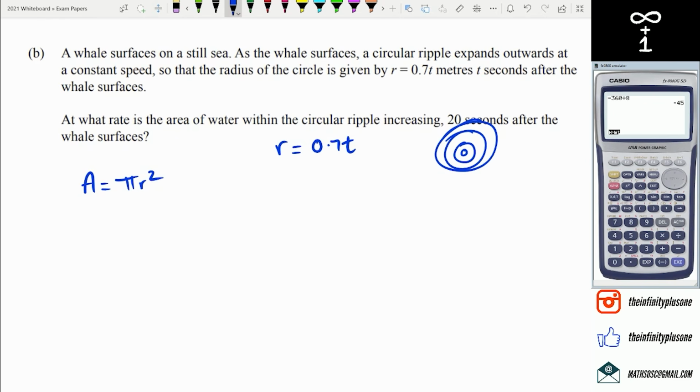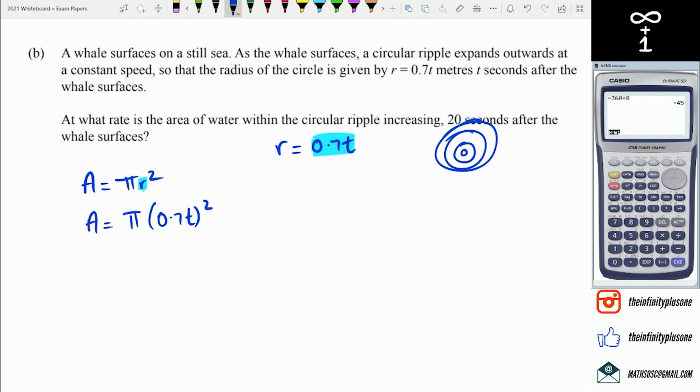Now the next thing is, just want to see if this is going to still work. So since we know that r is equal to 0.7 t, we're going to substitute that in. So we're going to get A is equal to pi and r is 0.7 t squared.